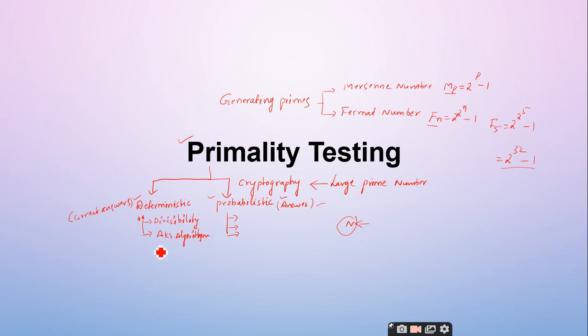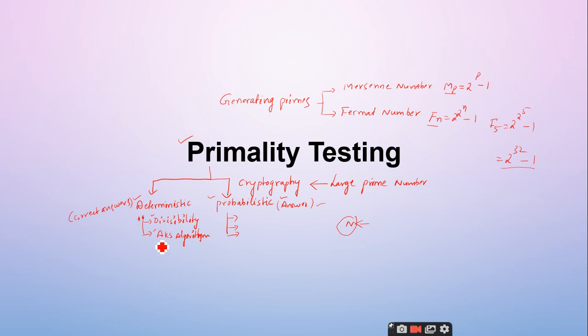We'll see what the divisibility algorithm is, because we'll keep using it to check whether a given number is prime. It's a very fundamental algorithm, but it is inefficient, right? So these are the two algorithms we are going to discuss under the deterministic category.